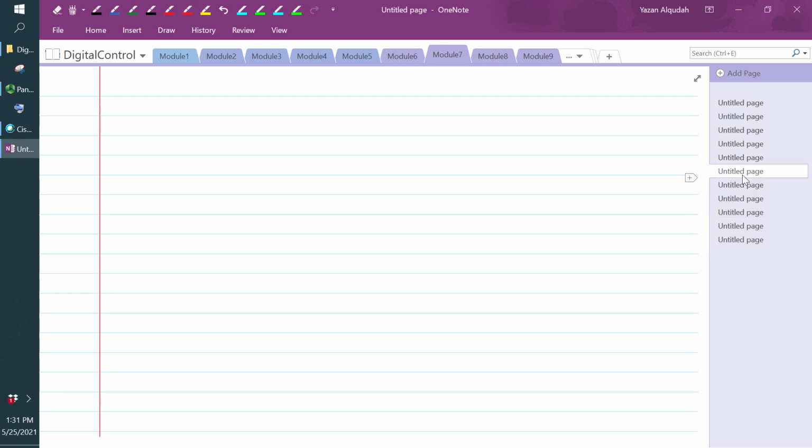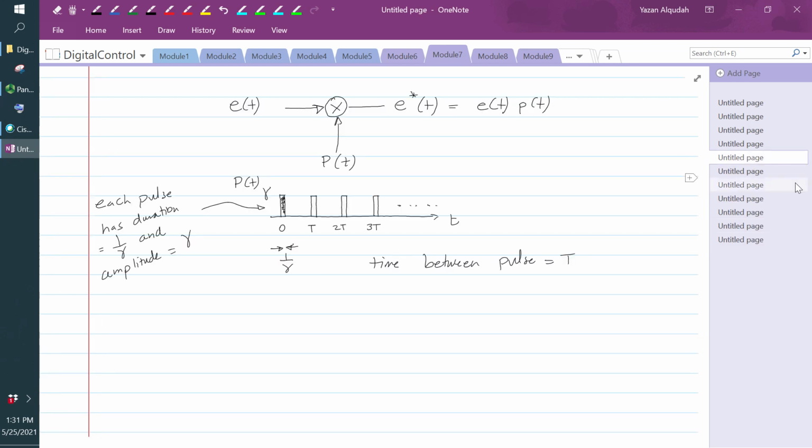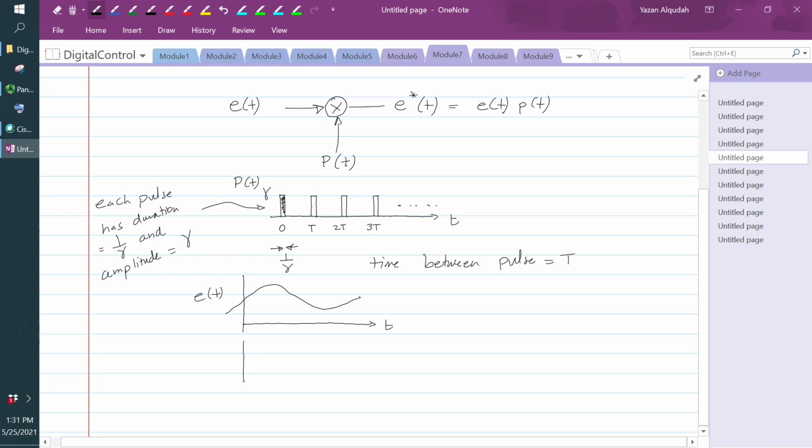So let's say we have a signal E of t that looks something like this. This is my signal E of t, and this is the time. Now I'm going to take this signal and multiply it by this pulse train.